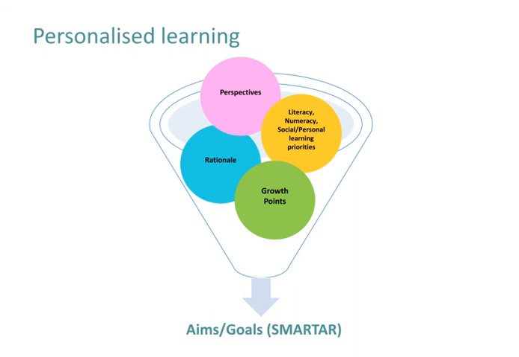This assists in determining the learning priorities, growth points, and the development of aims, goals, SMARTAR. Further steps include planning and implementing adjustments to the curriculum and/or instruction and/or environment, and determining staff to provide support.